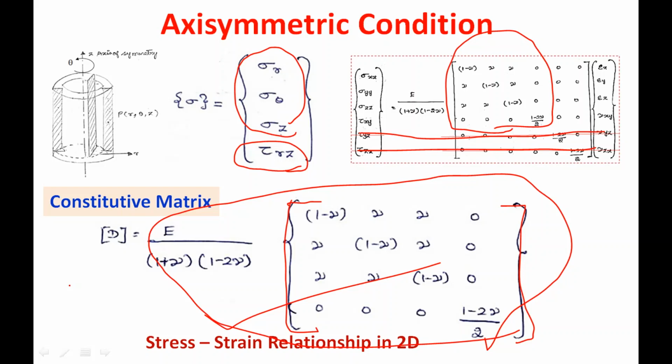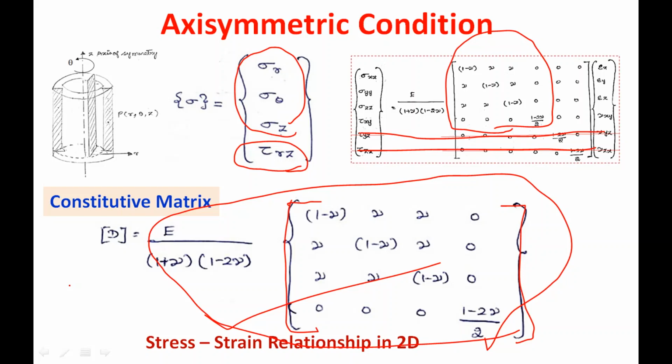Then for each case, plane stress, plane strain and axisymmetric condition, the stress-strain relationship matrix is also derived. In the next part, first we have to derive the strain-displacement relationship, then only can we relate the stress and the displacement.